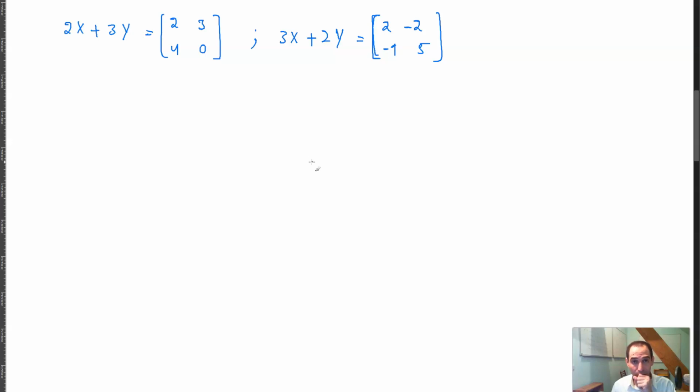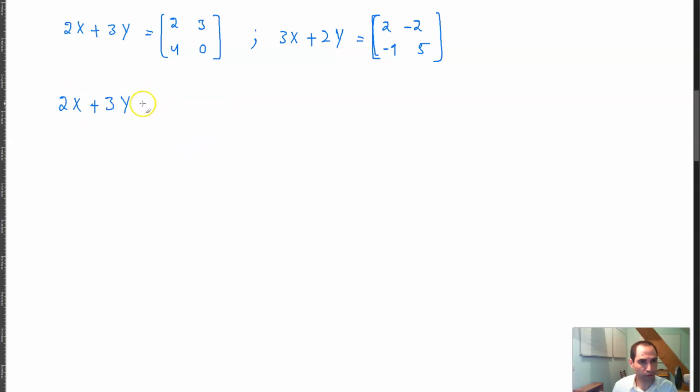What I can do here is calculate X in terms of Y, and then use it in the other equation. For example, I can say that 2X plus 3Y is equal to the RHS of this equation. And then I can write it this way as well to save more steps.